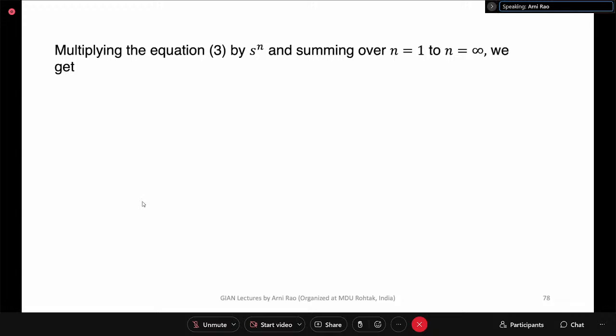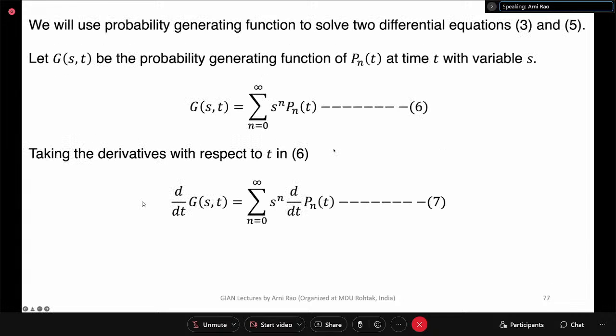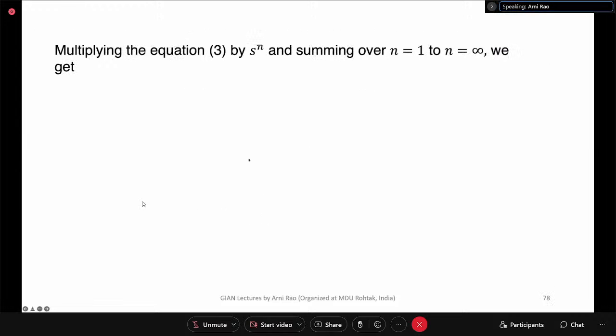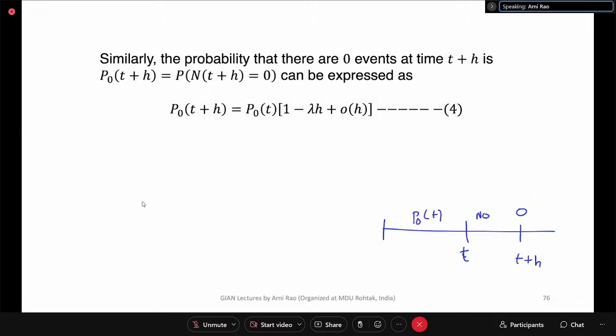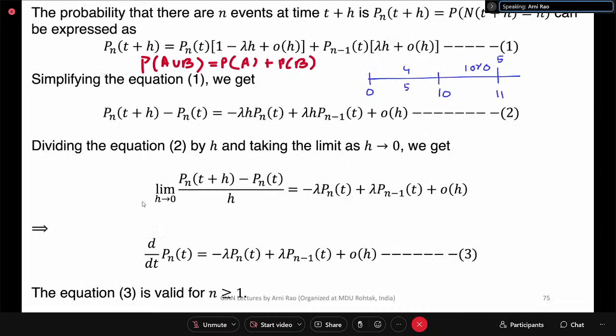Now, the same thing, this d by dt, we use that. The equation 3 you saw for n greater than or equal to 1, you multiply by s^n. Why do we multiply that? Because we know the left-hand side, d by dt of s^n p_n(t), is one term in the definition of the generating function, with the derivative d by dt taken.